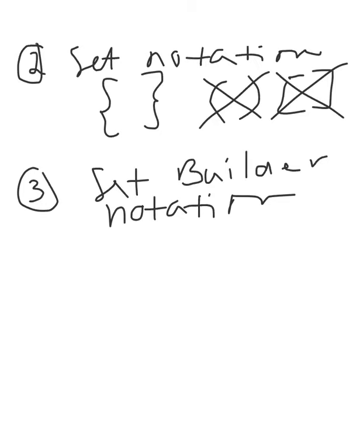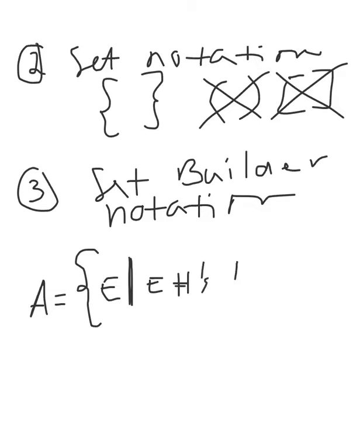For example, we could say set A is equal to all even numbers such that, you see there, we want all the even numbers less than 10, okay? All the even numbers less than 10.